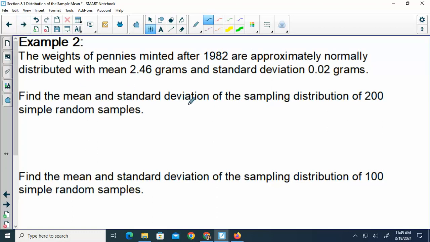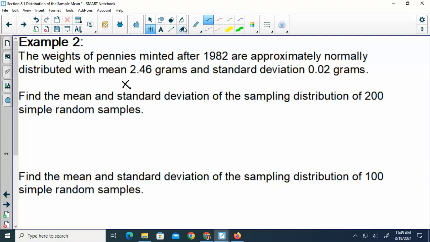So let's look at an example. The weights of pennies minted after 1982 are approximately normally distributed with a mean of 2.46 and a standard deviation of 0.02. Okay, this is for all the pennies.